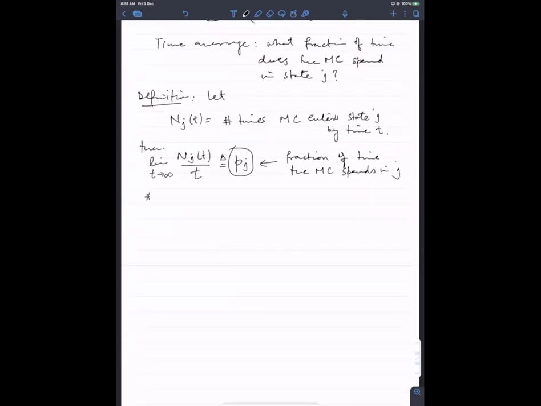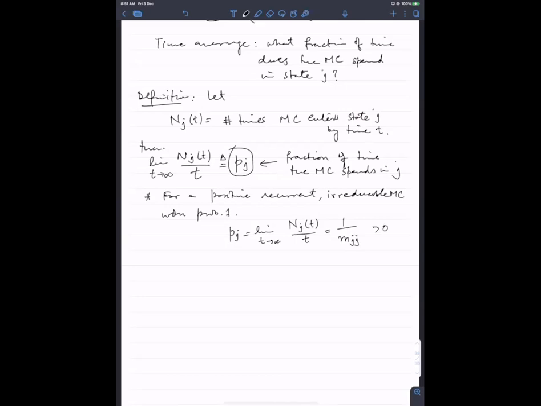For a positive recurrent irreducible Markov chain, with probability 1, p_j, which is equal to limit t going to infinity of N_j(t) divided by t, is equal to 1 over m_jj, which is greater than 0.